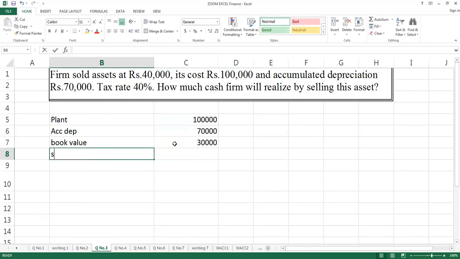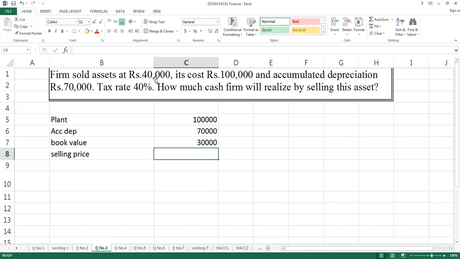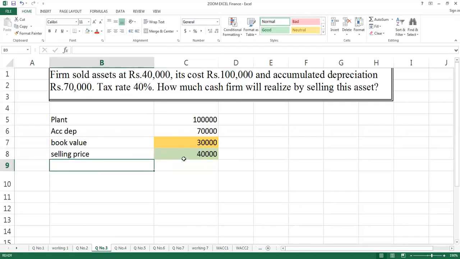Now carefully check that the book value of the machine is 30,000 while you are selling it at 40,000. Now take these two pieces of information and think carefully, without going into much complication of finance, whether you are getting a profit or a loss.